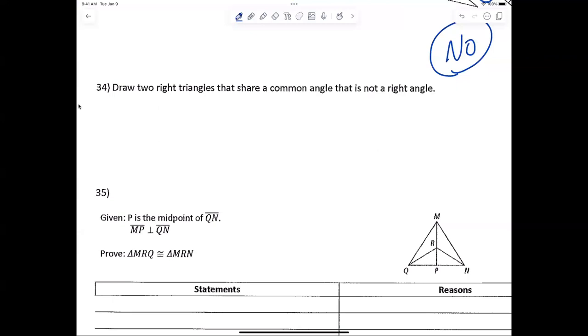Guys, common angle means that it's shared. Common means that it's shared with both triangles. Draw two right triangles that share a common angle that is not a right angle. It's telling us two. It's not saying can you.